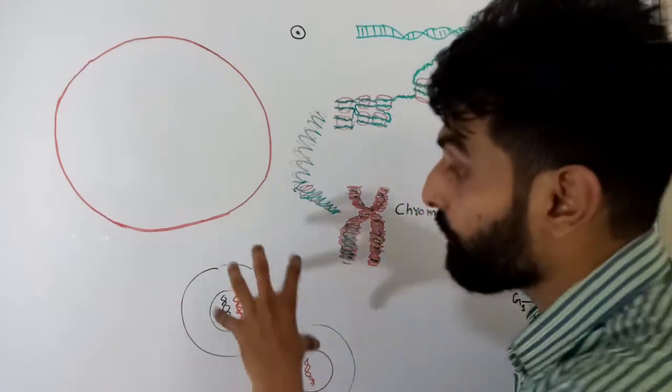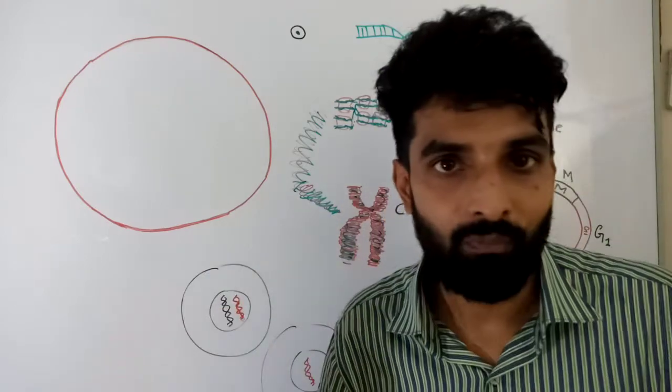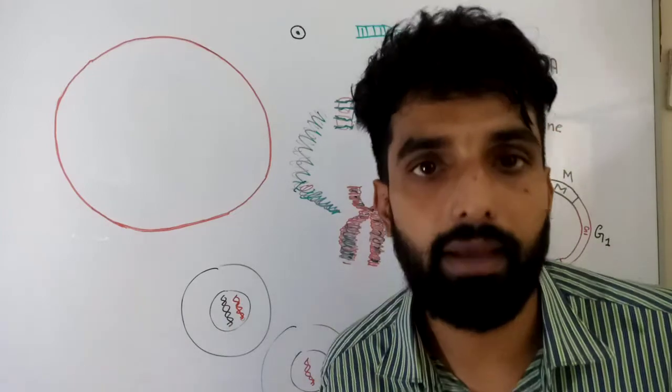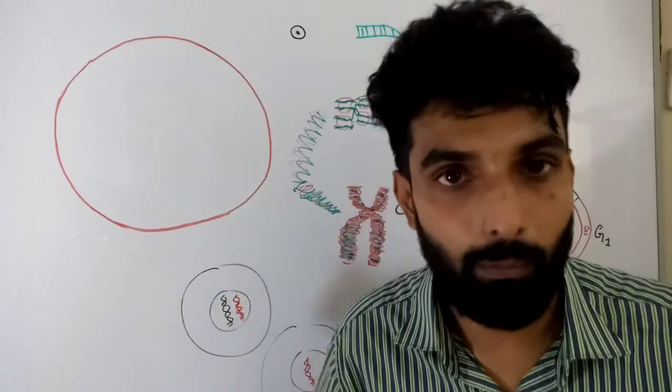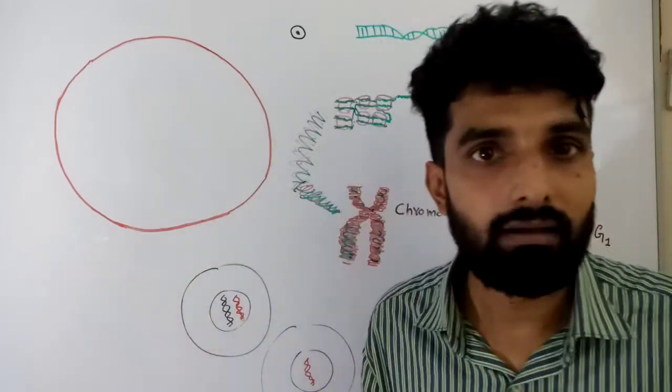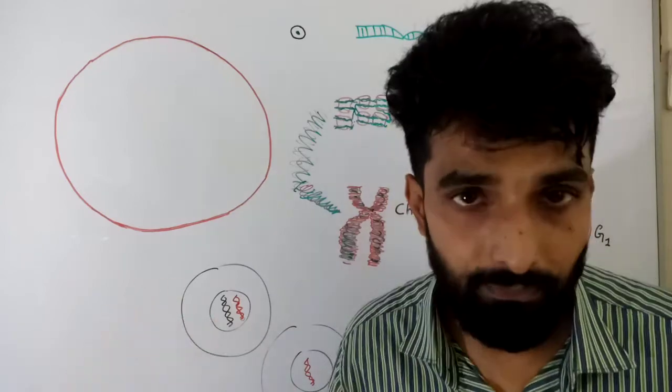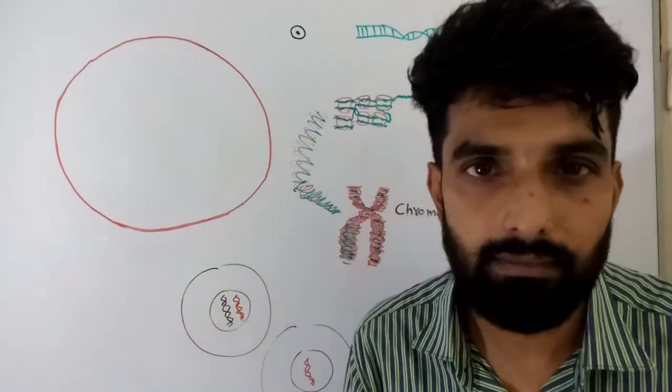So it means for the separation of chromosomes, nuclear material, and cytoplasm, we again need some specific enzymes and some specific proteins.